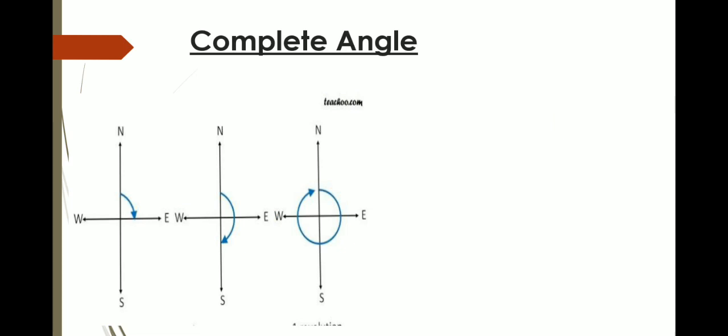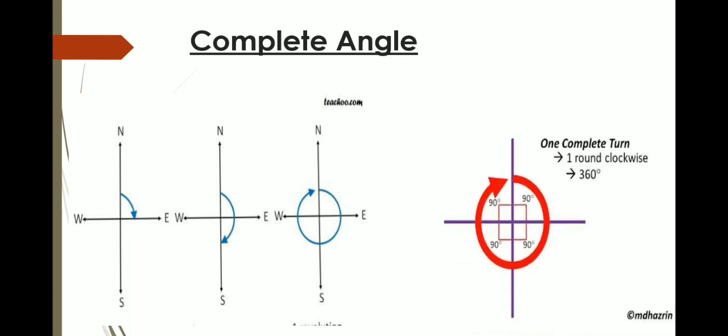Complete angle. When you start moving from any of the directions to reach the original position, clockwise or anti-clockwise, making a full turn, it is called one revolution. The angle for one revolution is a complete angle.